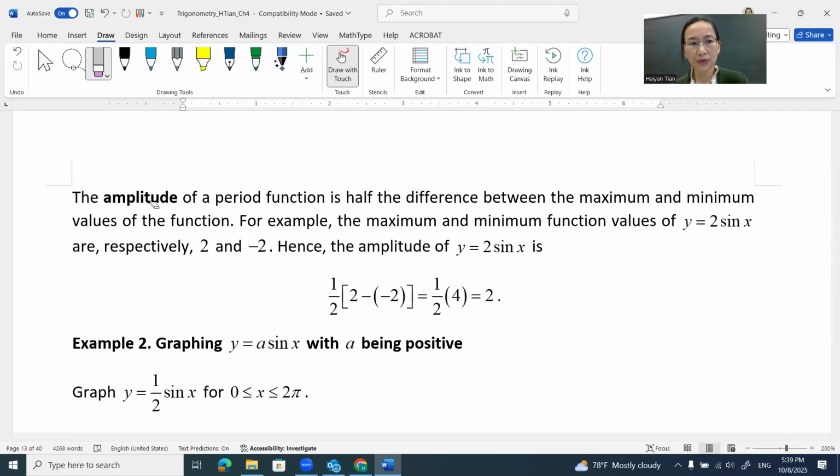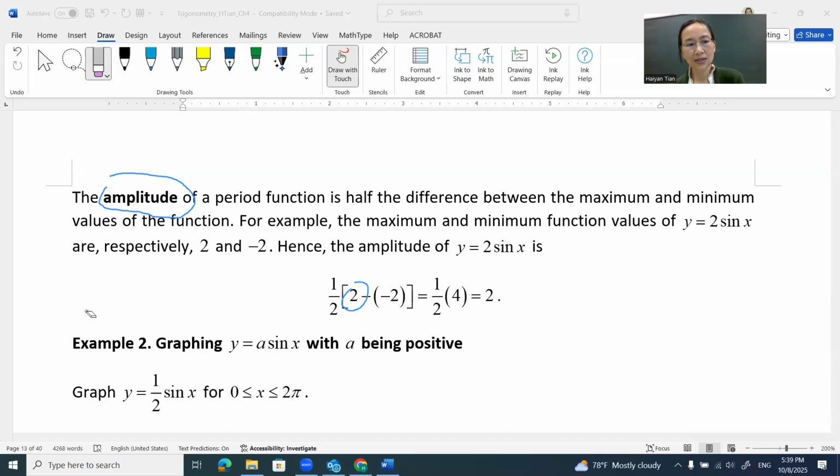But by the way, I want to introduce one term. It is called amplitude. The amplitude of a periodic function is half the difference between the maximum and the minimum values of the function.